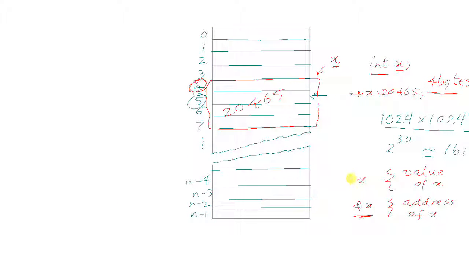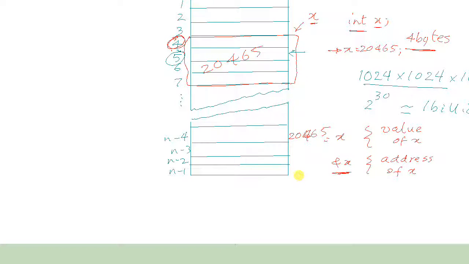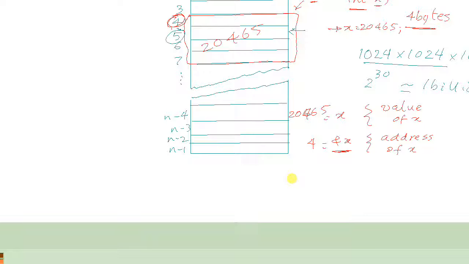So x means, in this example, 20,465, but ampersand x is the address of x, which is in this example 4.